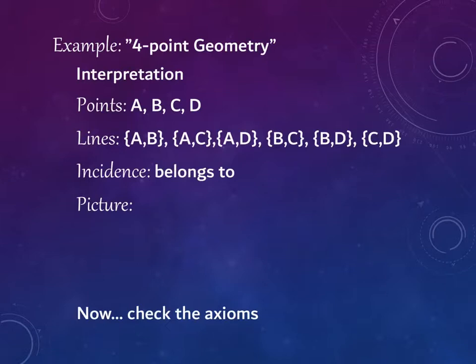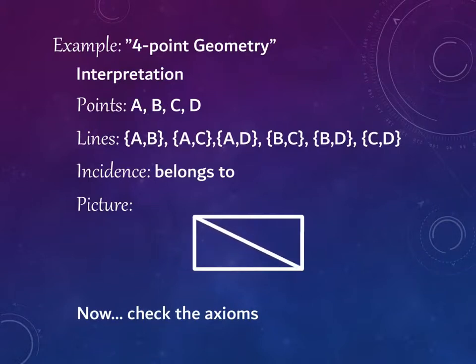I'm going to draw a picture of what 4-point geometry would look like. This is just one possible picture, but this is how you usually see it drawn. You can draw yourself a rectangle, and you can connect one of the diagonals on the rectangle. We will label our points as the vertices A, B, C, and D. And we need one more line.